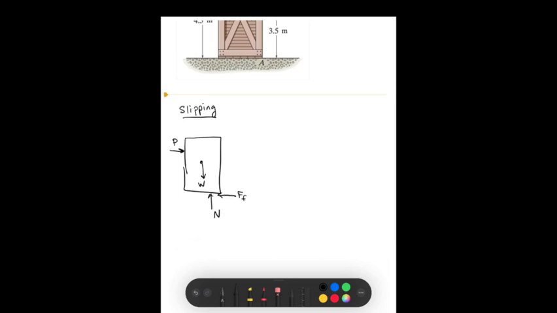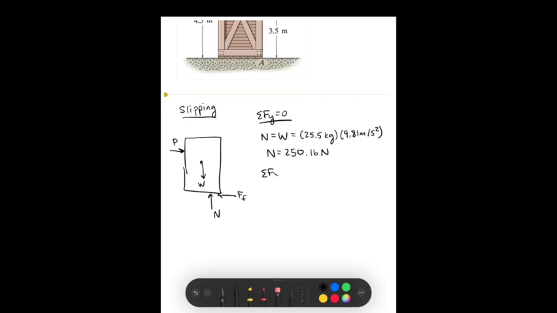So under these conditions, we'll start by solving for equilibrium in the y direction. In this case, we only have two forces, so we know that the normal force is equal to the weight. So we'll go ahead and plug those numbers in. Solving, we see that the normal force therefore would be equal to about 250 newtons.